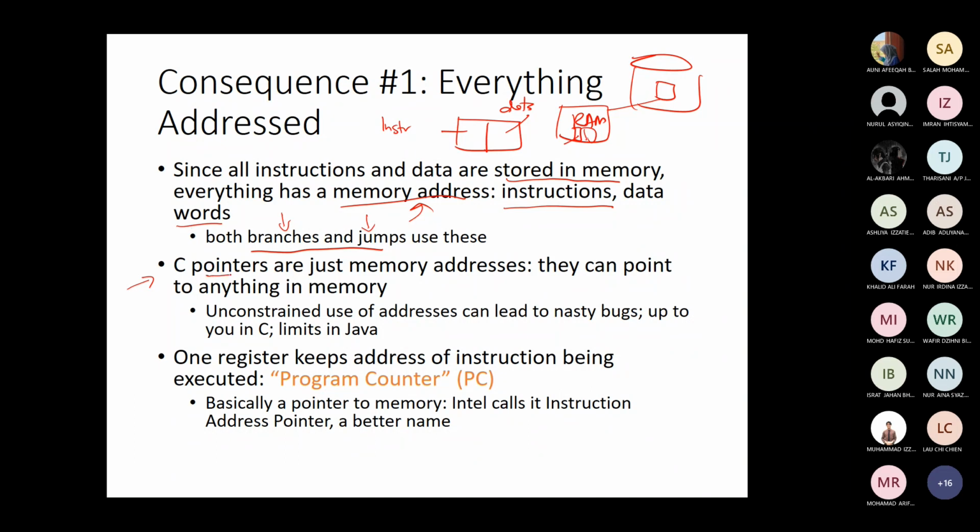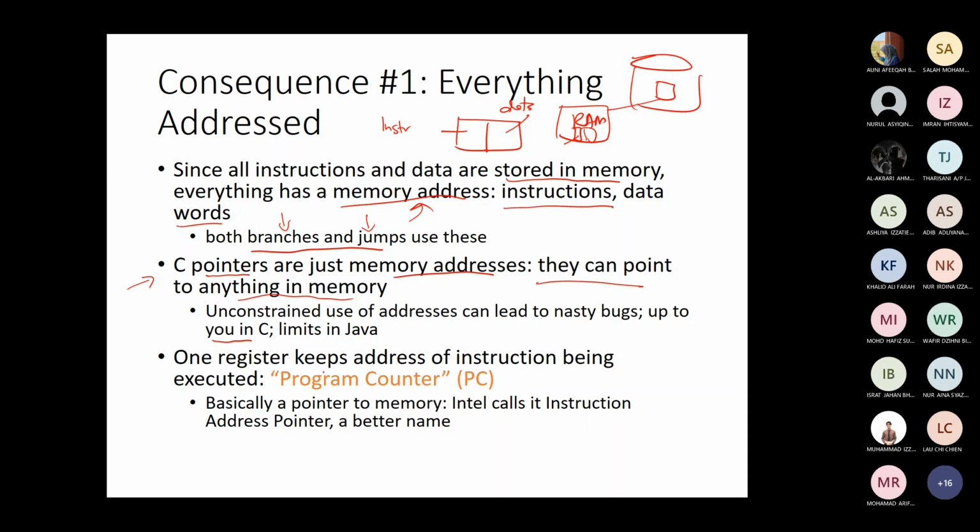Pointers are just memory addresses. They save the memory address so that they can point to anything in memory. Unconstrained use of addresses can lead to nasty bugs. In C, it depends on the programmer, whereas in Java, the usage of addresses is limited.